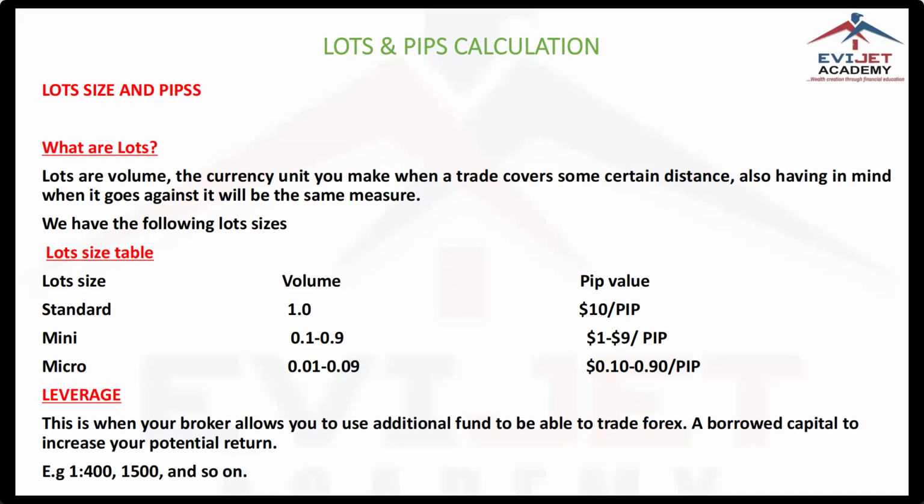Let me create an analogy. Let's assume three of us were going into a river to fetch water: myself, Haruna, and Irene. Haruna is using a 5-liter gallon. Irene is using a 50-liter gallon, the type we used to buy diesel.